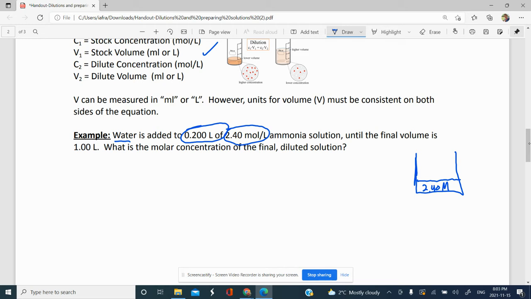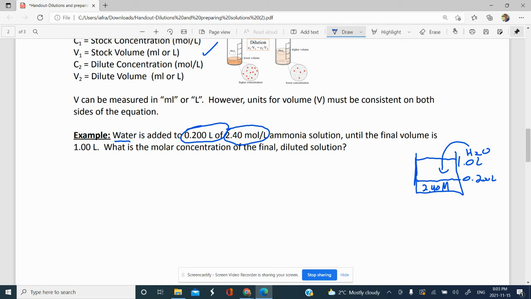And we have 0.200 liters of that solution, so about 200 mils. And what we're told is that we're adding water to this solution until we get to 1.0 liters.